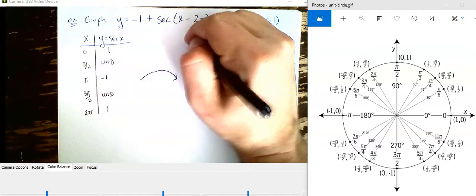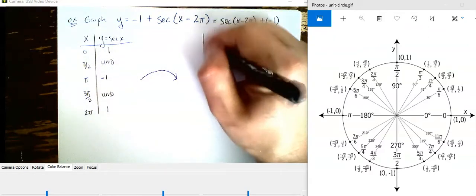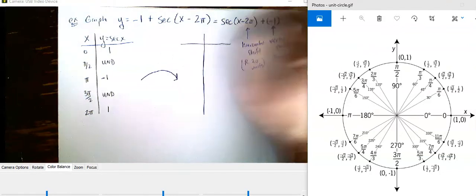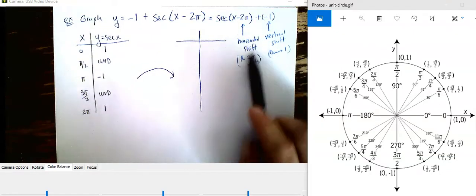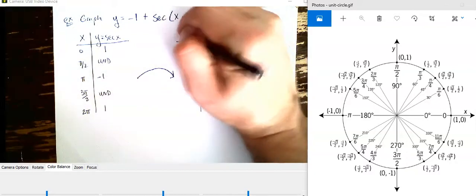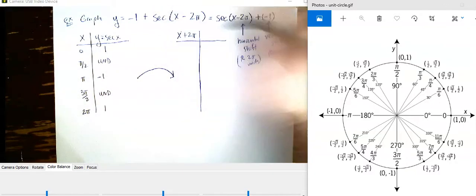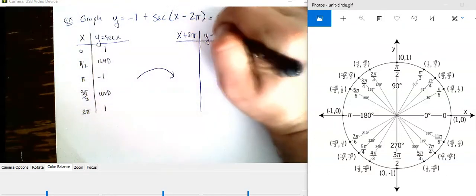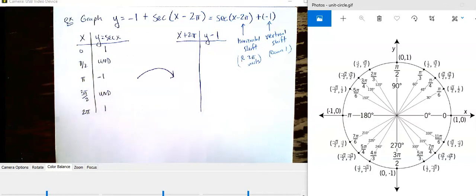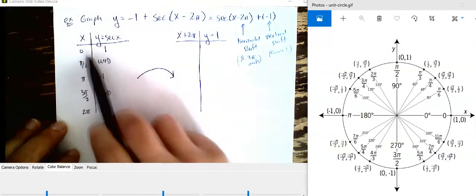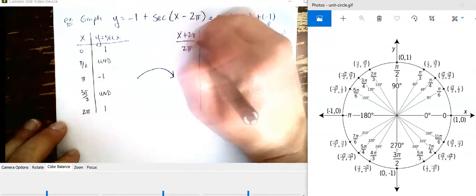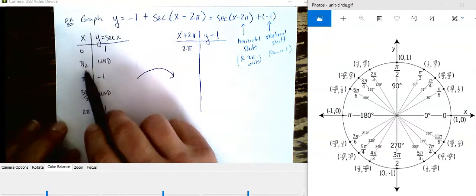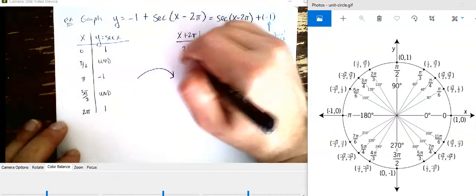So let's make our table of values for the transformed function. If I'm shifting to the right 2 pi units, I'm going to add 2 pi to all my x's. And vertically shifting down 1, I'm going to subtract 1 from all my y's. So 0 plus 2 pi is 2 pi. Pi over 2 plus 2 pi is 5 pi over 2.